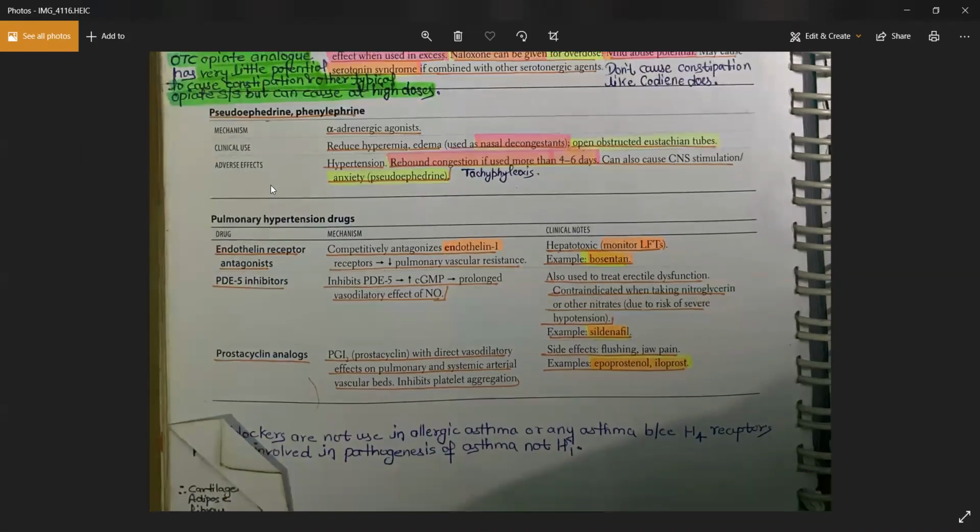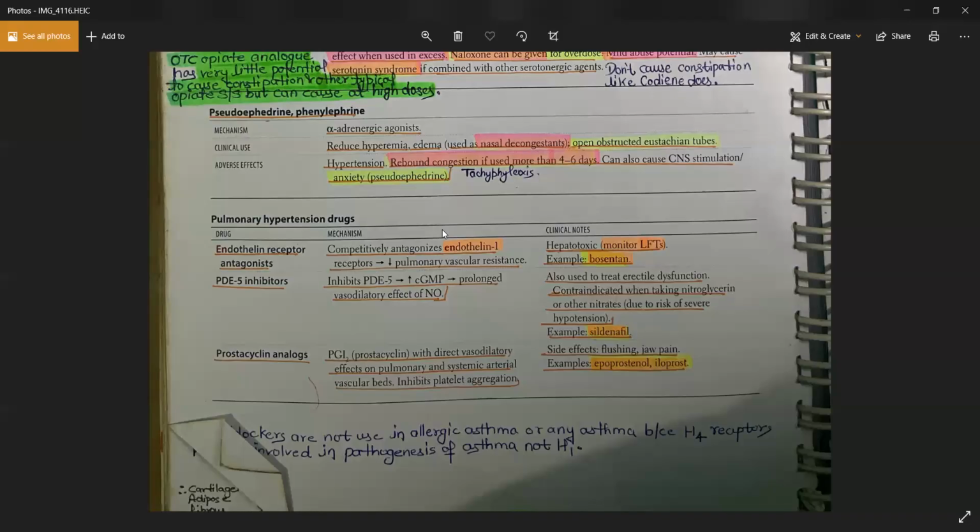So don't forget, now you have the drugs for pulmonary hypertension. I've told you 3 drugs. Endothelin inhibitors, which is bosentan, remember? That inhibits endothelin, because in case of pulmonary hypertension, endothelin will be increasing and NO will be decreasing, as well as prostacyclins will be decreasing. So you need to raise the prostacyclin, raise the NO, and decrease the endothelin.